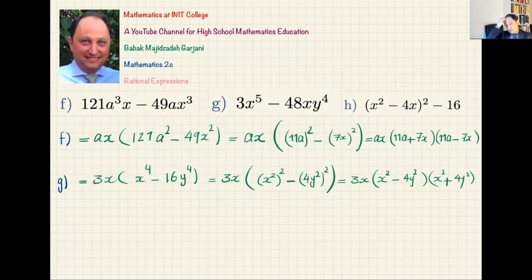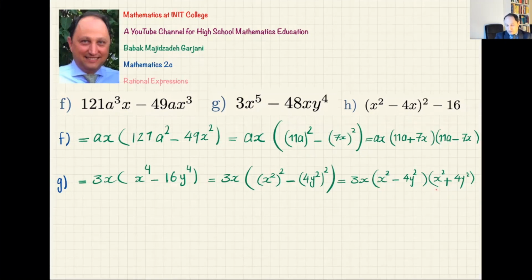Yeah, you can do it again. So in that case it would be 3x times x plus 2y times x minus 2y times x squared plus 4y squared, I think. But you say that this is a conjugate pattern, and this is not, because if I remember, you were reading it in the same way.